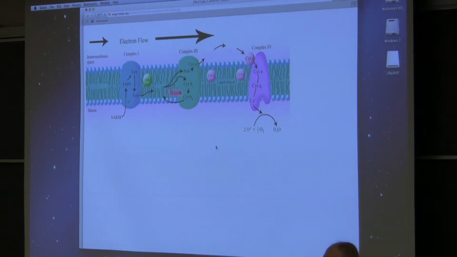Those protons want in. And also, by the way, to orient, you notice it says intermembrane space. This is the space between the outer membrane and the inner membrane. Little space between there. Okay? Those protons want in. They don't come in during electron transport.